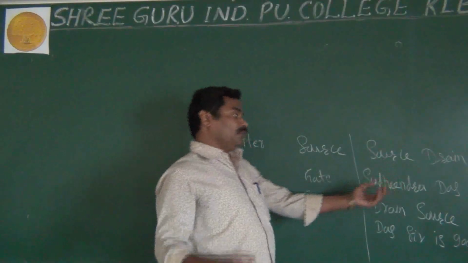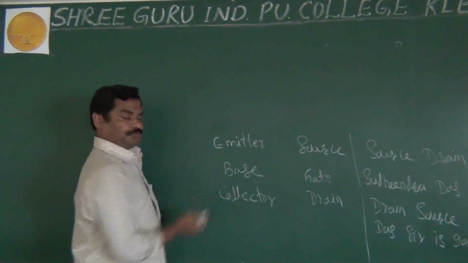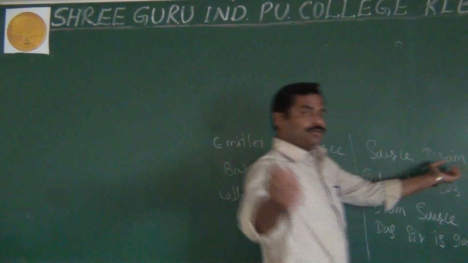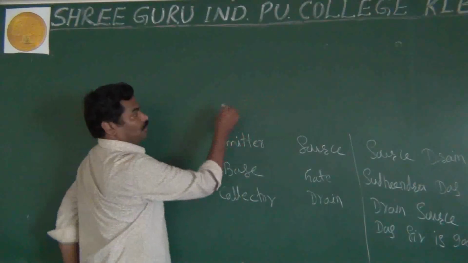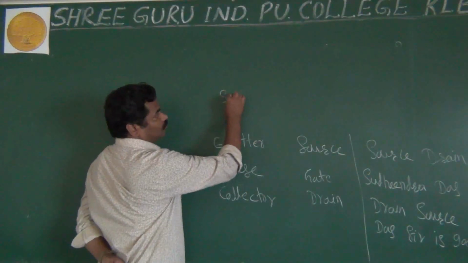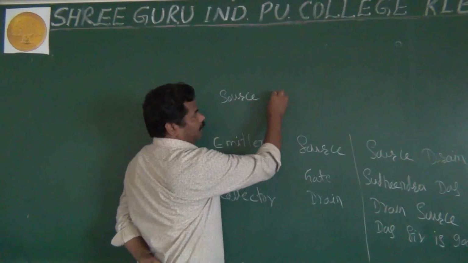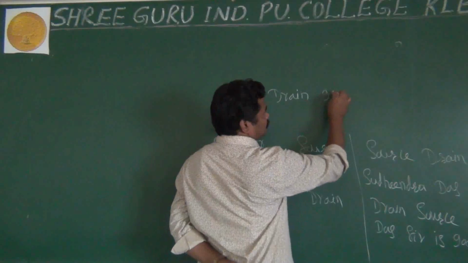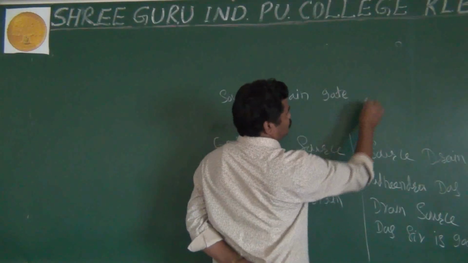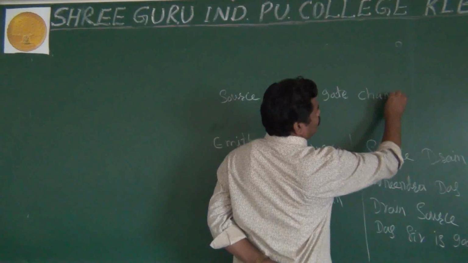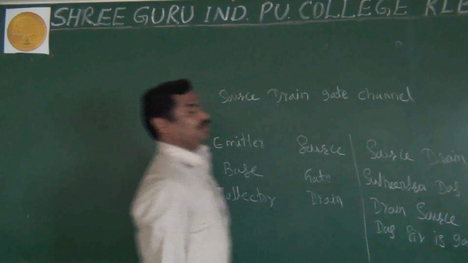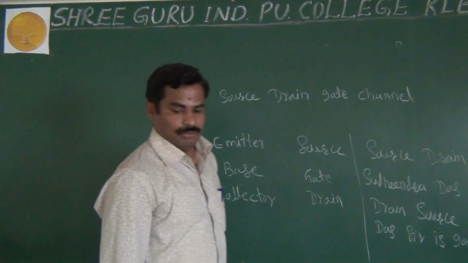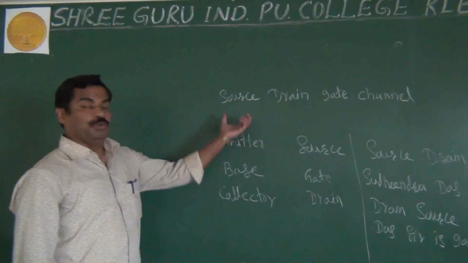Another one in your FET, besides source, drain and gate, is the channel. You can write source, drain, gate and channel. Actually, the channel is a way by which you can transfer the signals from input to output.